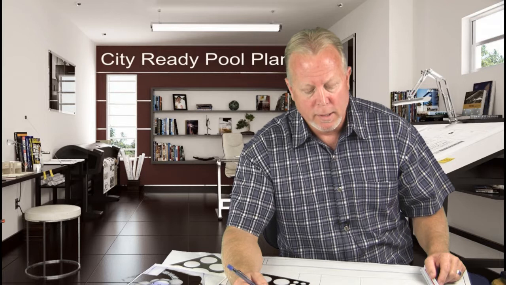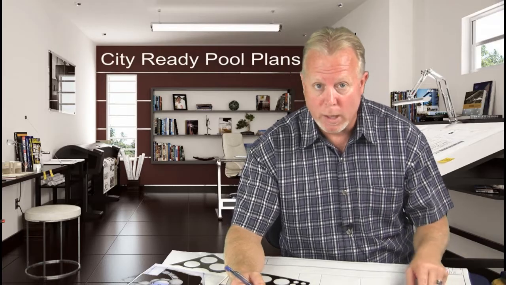The next item that you want to indicate on your plan is whether or not you have any existing patio covers or gazebos or freestanding covers within your pool site design area. So on our existing concrete pad, we have a patio cover that we don't want to get rid of.